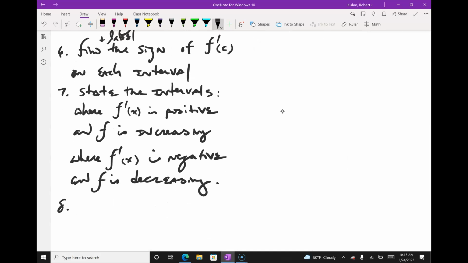8, where f prime of x changes signs, so from positive to negative or negative to positive, there is a possible min or max.